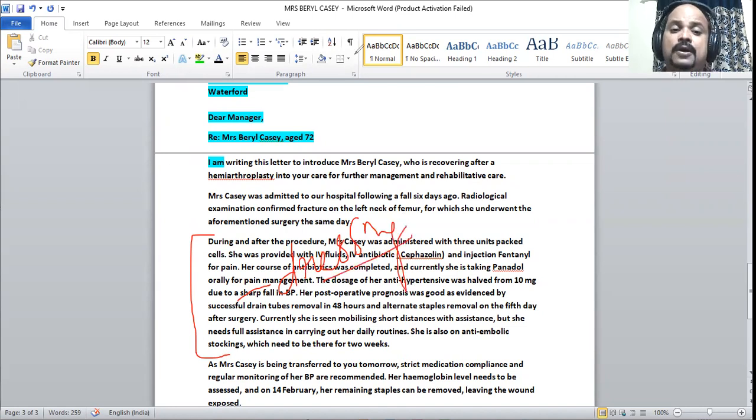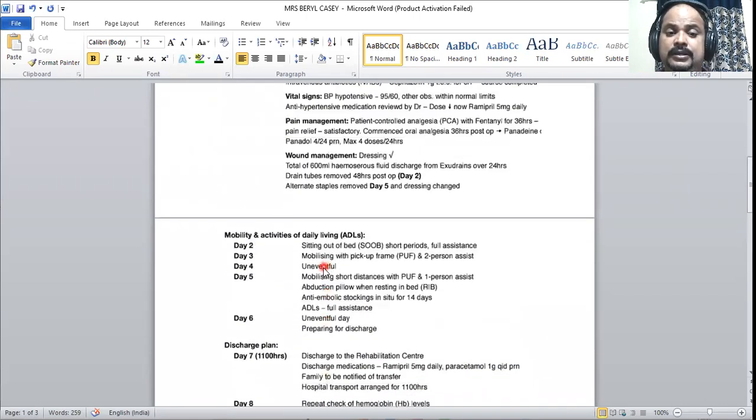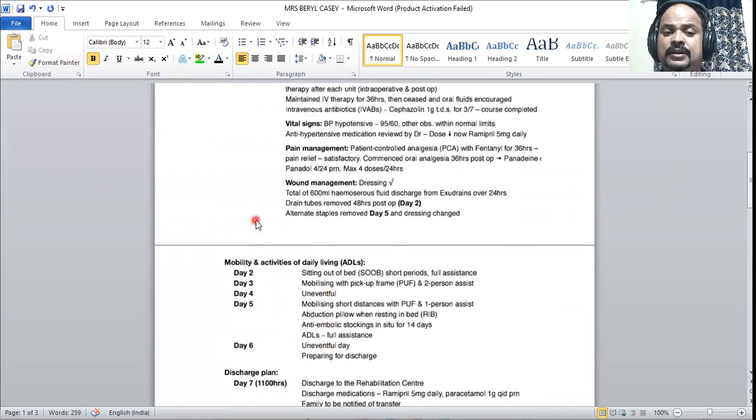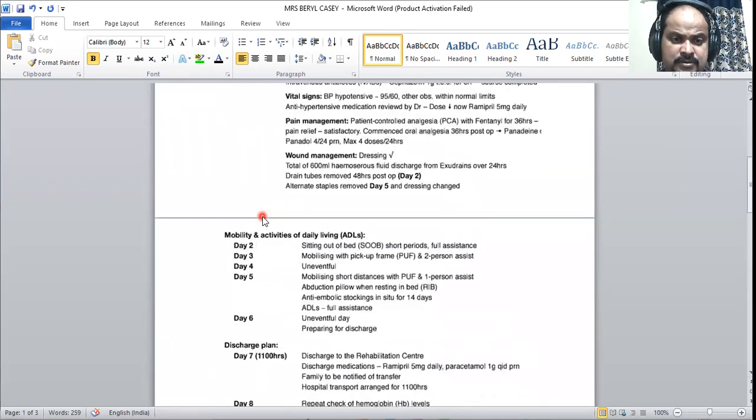In the case note, we can see wound management. So you said that the drain removal was done, drain tubes were removed, then alternate staples were removed. So dressing was also done after the medication.